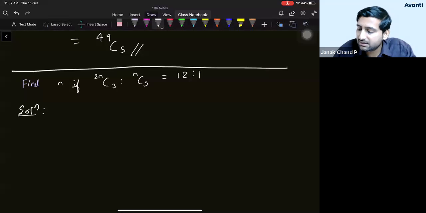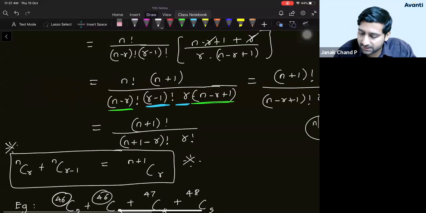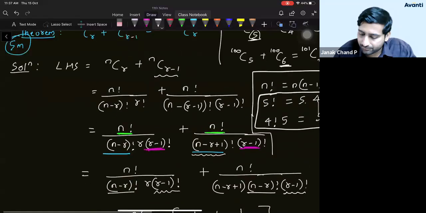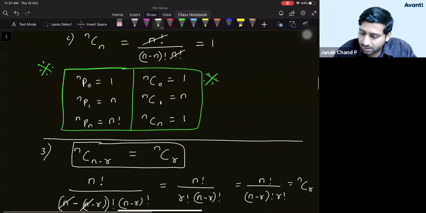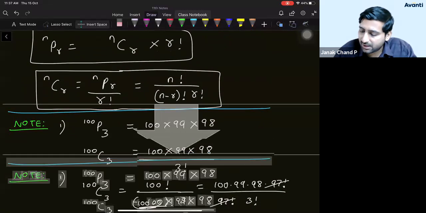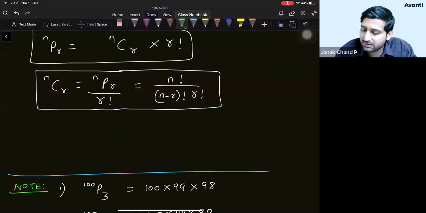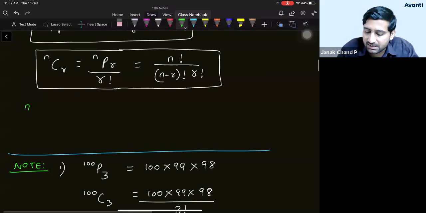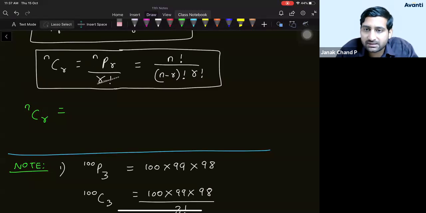The two formulas, I think I did not mention that. Immediately after this, students, wherever you have space, just write it. You are supposed to know this, but I will give it separately also. This nCr can also be seen as nPr divided by r factorial.